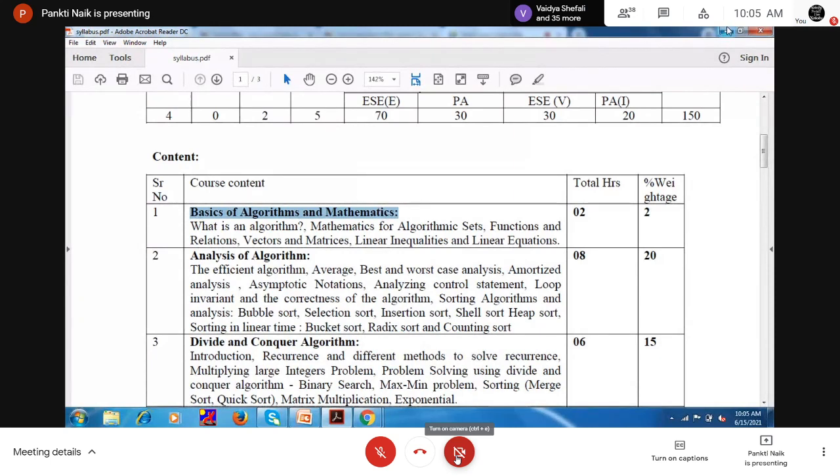So let us start with the first chapter. Kushal sir will start the second chapter, that is analysis of algorithm, right? If you properly understand the second chapter, then it will be very easy for you throughout the semester, right? So please pay attention in this second chapter, that is analysis of algorithm. So let us start with the first chapter, that is basics of algorithms and mathematics.